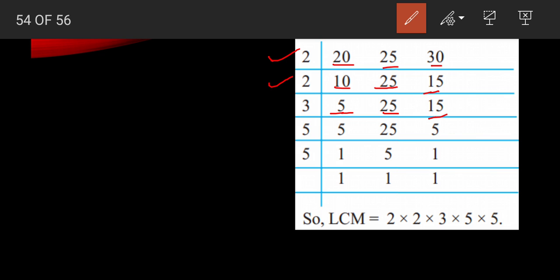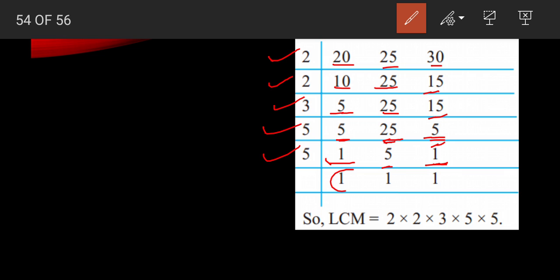Again there is no multiple of 2, so I am taking 3 here. So 5 is not divisible, so write 5 here. 25 is also not divisible, so write 25 here, and 15 by 3 is 5. Okay, here the next numbers are 5, 25 and 5, so we have to take the next prime number, that is 5. So 5 by 5 is 1, next 25 by 5 is 5, and 5 by 5 is 1. As there is 5 here, again we have to take 5.